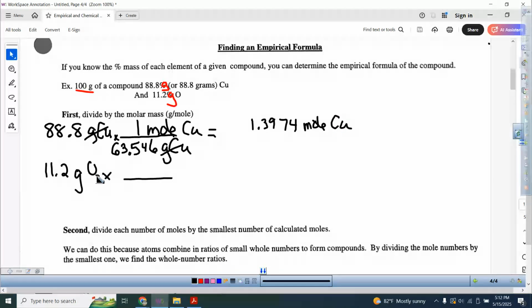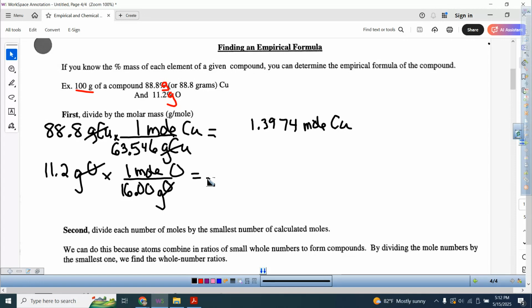Okay, then I'm going to do the same thing with the oxygen. Oxygen has a mass of 16.00 or 16, and we want to go to moles. And the reason we want to go to moles is we want to compare them according to their proportion. And when we're looking at the proportion, we want to compare them in terms of moles.